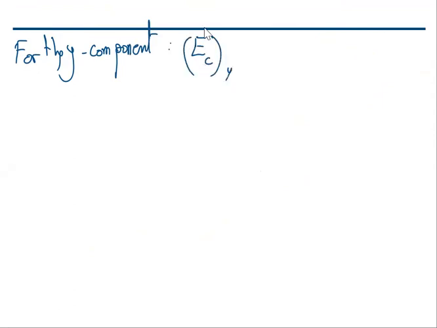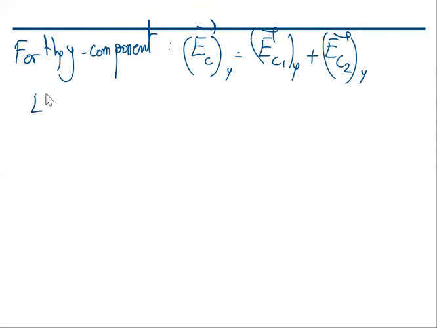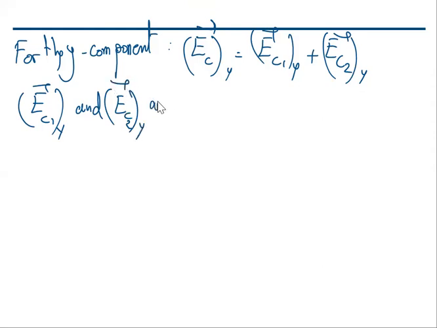ECy equals EC1y plus EC2y. However, the y component of the first vector and the y component of the second vector are equal in magnitude but opposite in direction.